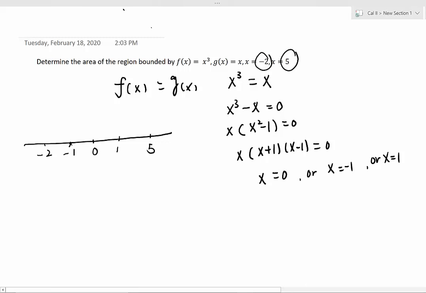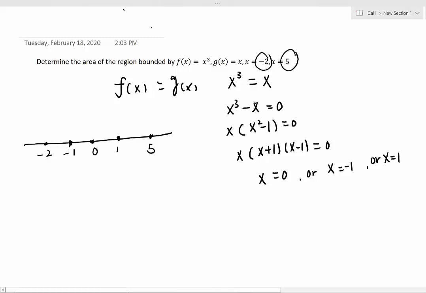So -1, 0, 1 right here are the intersections between f of x and g of x. And -2 will be the intersection between the three functions, -2, f of x, and g of x. I don't really care because I don't know how the graph looks like.